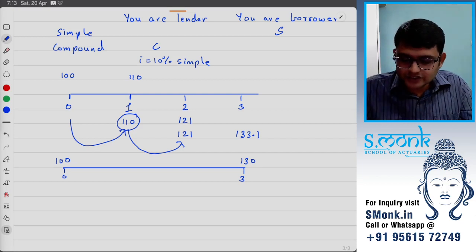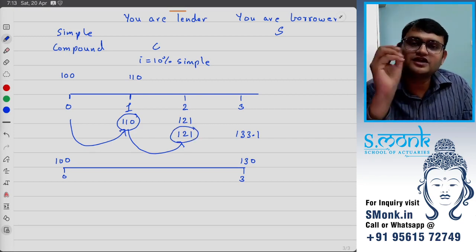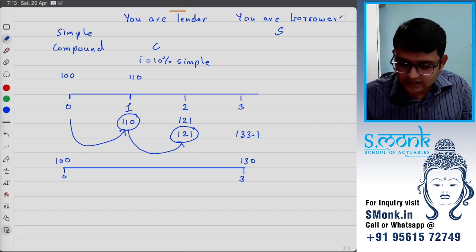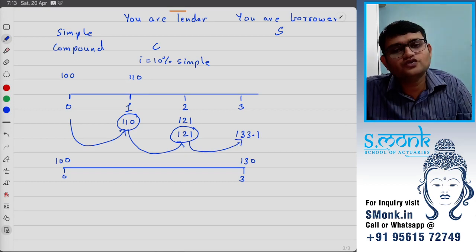Correct? You will say again, after 1 year, return me the 121 and take it back if you want it again. And only for 1 year. I'll not give you more than a 1 year loan. Right?